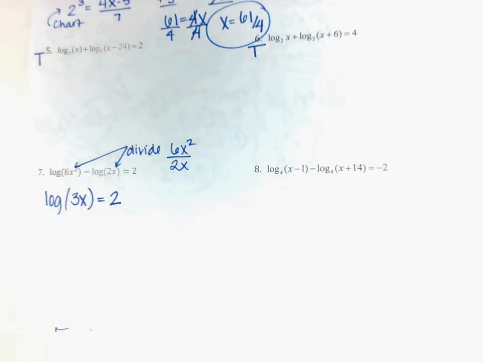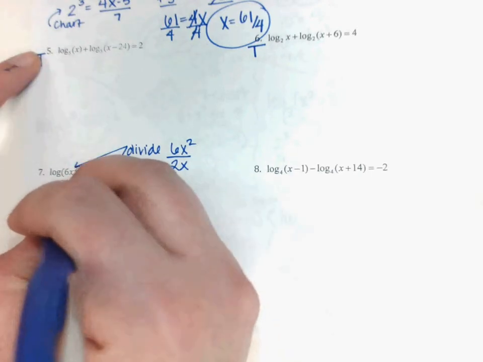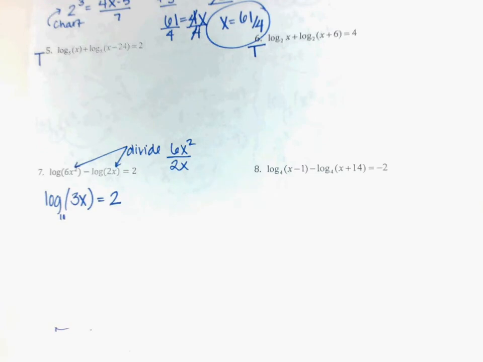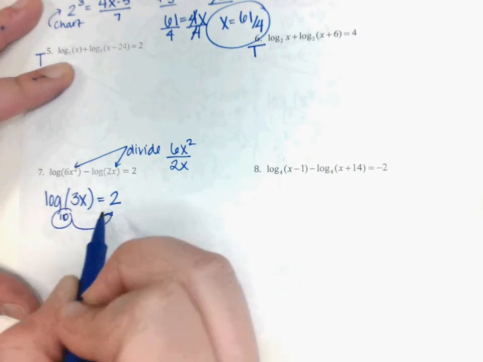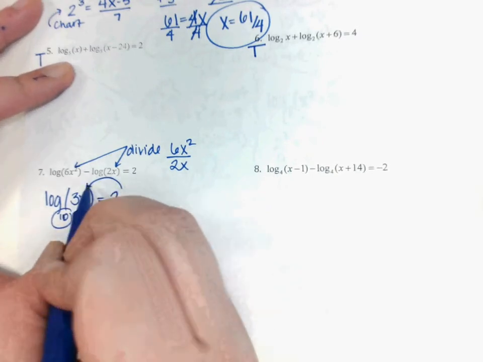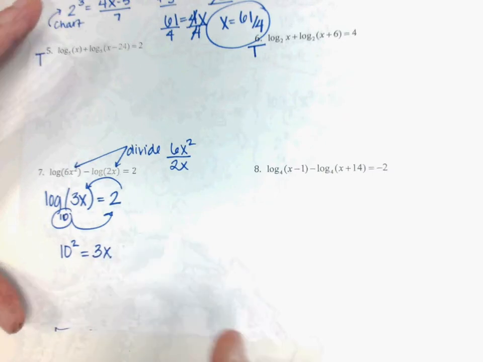Then also notice on that one that your base is missing. Then what is it? A base 10. So you'll have to write in your own little 10 there. And then from there you'll go 10 up to the 2 equals 3x. So you'll start here to the 2 equals 3x.